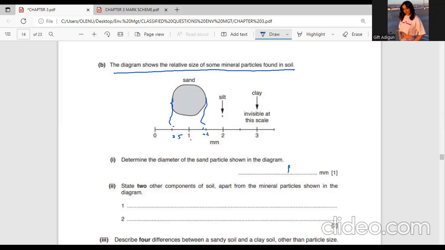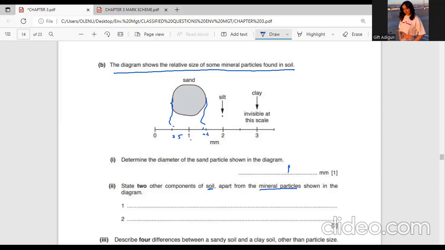Now, state 2 other components of soil apart from the mineral particles shown in the diagram. Which components can I bring out, shown in this diagram? Particle size, mineral particles found.